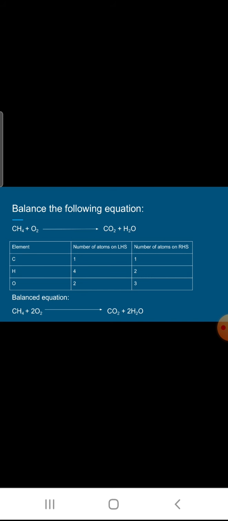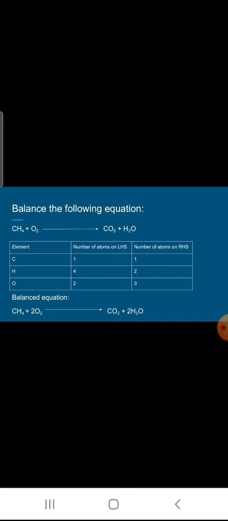Now the equation is CH4 plus 2O2, put the arrow, CO2 plus 2H2O. So on inspection, we find that the number of atoms of each element on both sides of the arrow is equal. So this is the balanced equation.